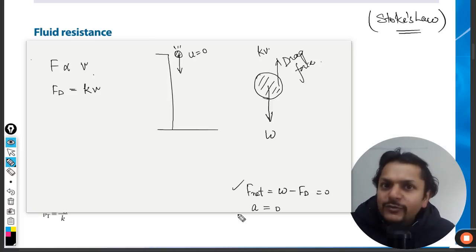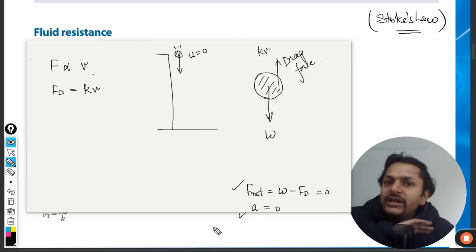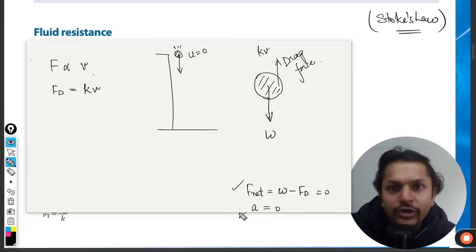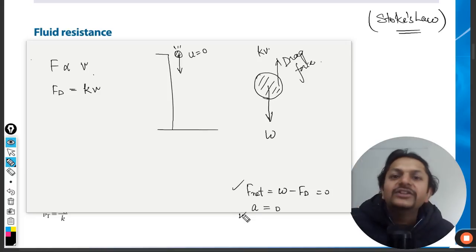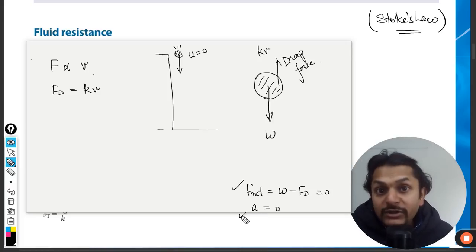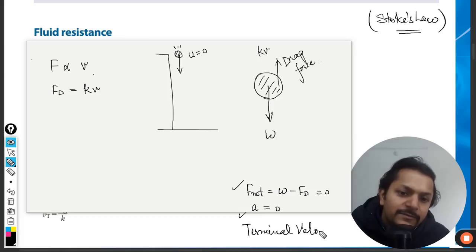Although it is being acted upon by acceleration due to gravity, there is a counter force which is balancing the weight, and that is why the net force is zero, and so the body is not moving with an acceleration anymore. So the body is not increasing its velocity, and now the velocity becomes constant. That velocity is known as terminal velocity.